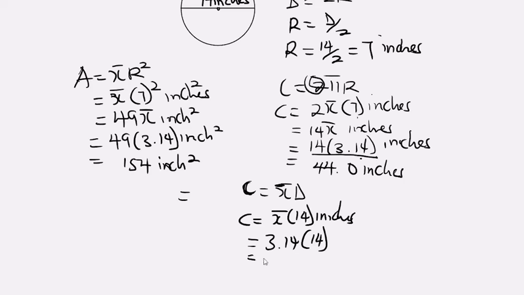So 3.14 times 14 gives us 44.0 inches. So these are the two formulas that we can use for the circumference of a circle given the situation under study. So in a case where you have the diameter of the circle given, you can as well use this formula for finding the circumference of the circle.